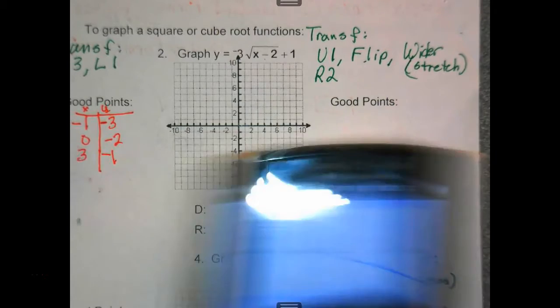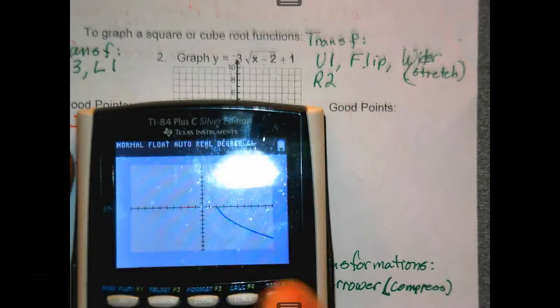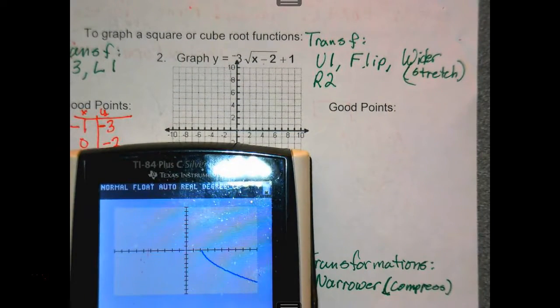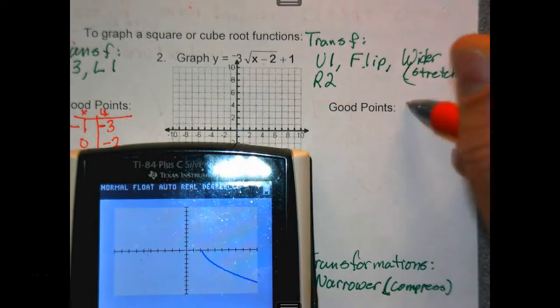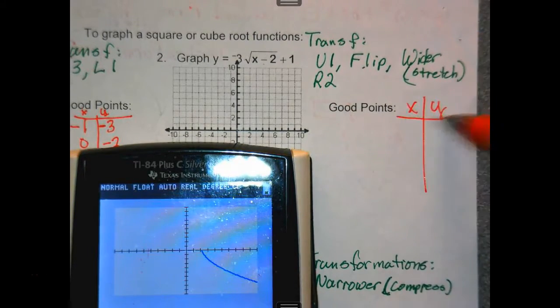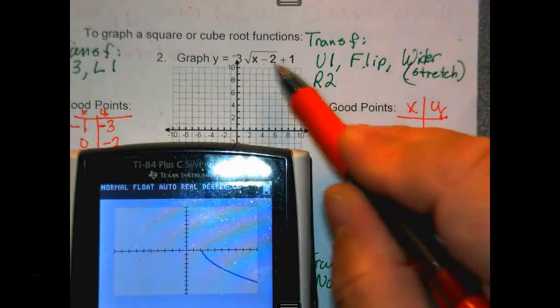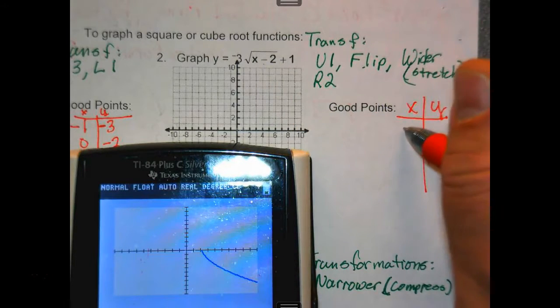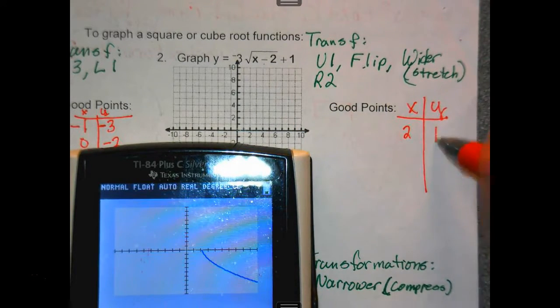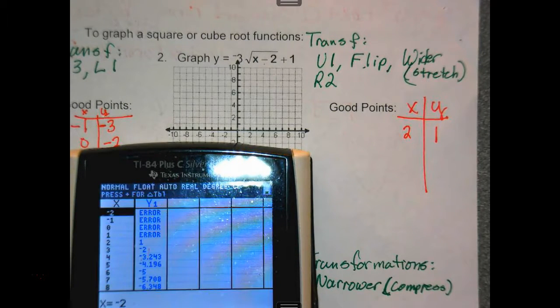We know the HK is 2, 1. Hit my table. And there's 2, 1. There's my HK.